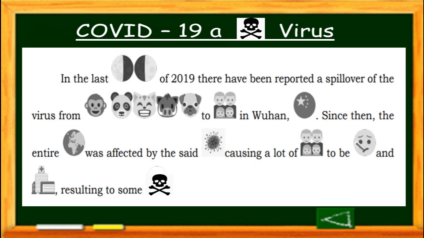COVID-19, a virus. In the last of 2019, there have been reported a spillover of virus from to in Wuhan. Since then, the entire was affected by the said, causing a lot of to be and resulting to some.